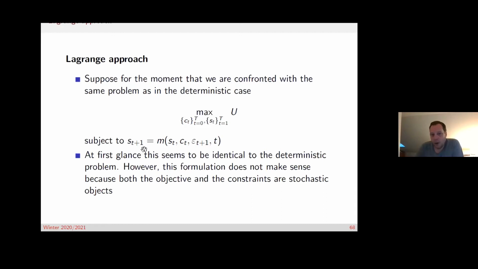So basically, we know what the state will be tomorrow, but only if we have an idea of what the realization of the shock will be. So we could say, for example, if the realization of the shock epsilon is such and such, we know what the state will be.